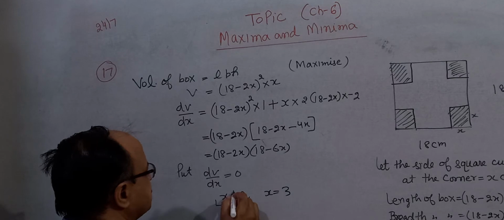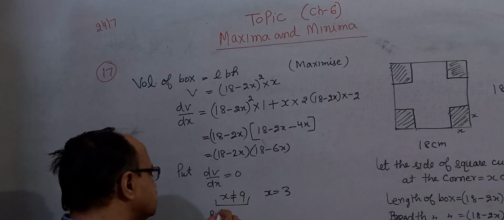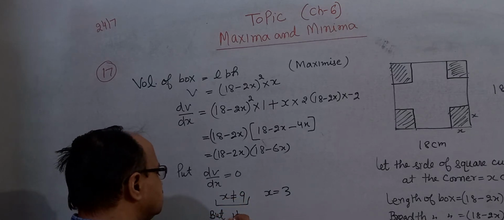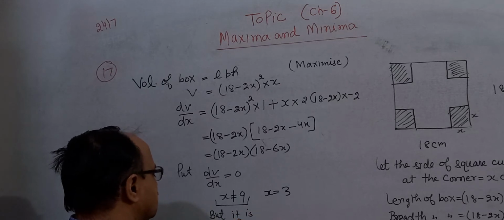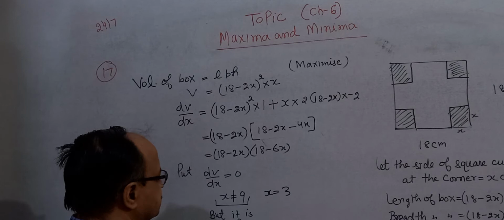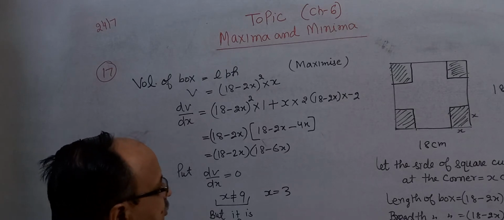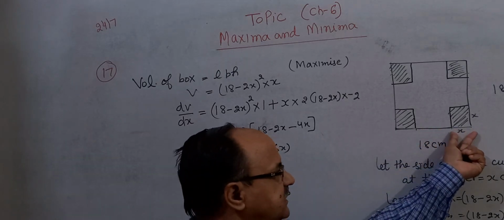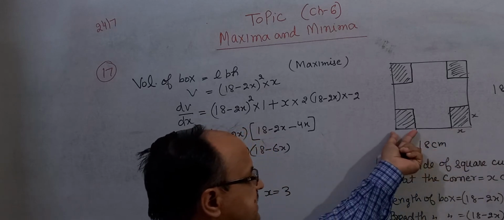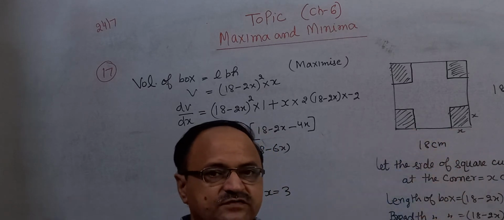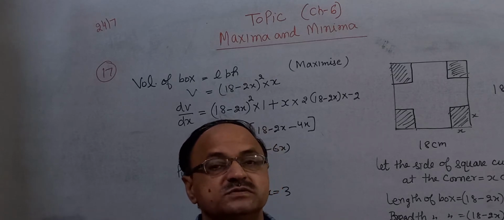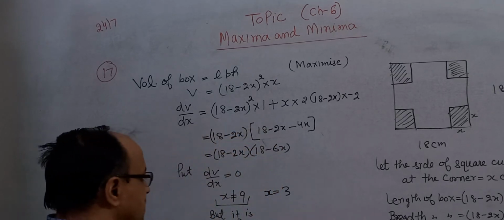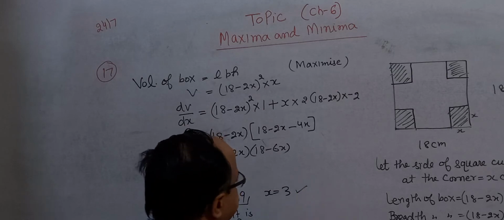But x equal to 9 is not possible, because if we cut 9 centimeter from this side and 9 centimeter from this side, there is no length of the box. How is it possible? Therefore x equal to 3 is possible.